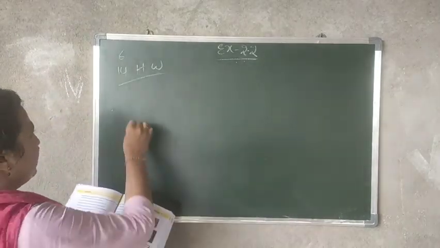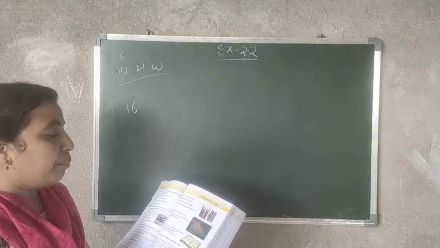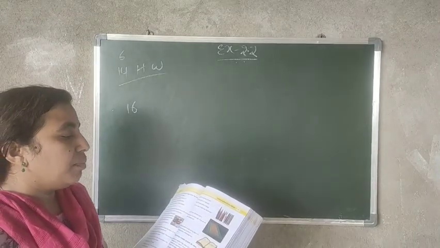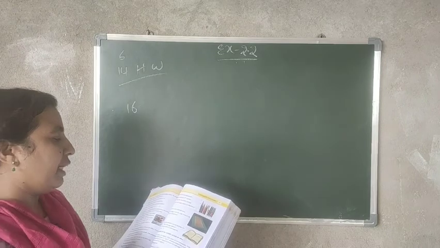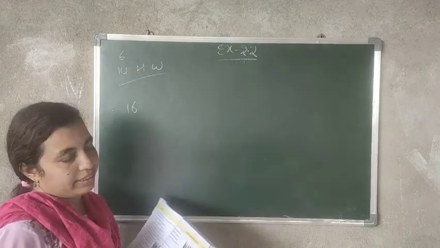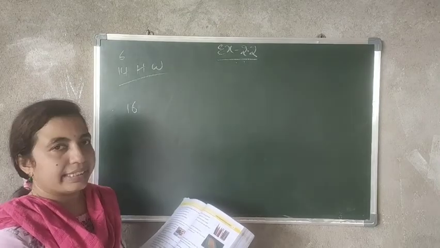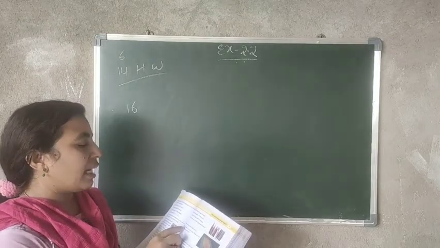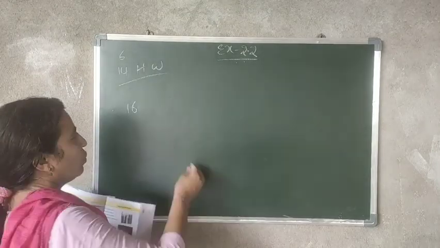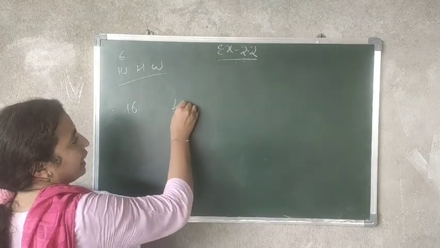Then 16th one. The perimeter of a school volleyball court is 177 feet and the length is twice the width. Here the perimeter of the volleyball court, which is in the form of a rectangle, is given, and its length is twice the width. So width we will consider as breadth.